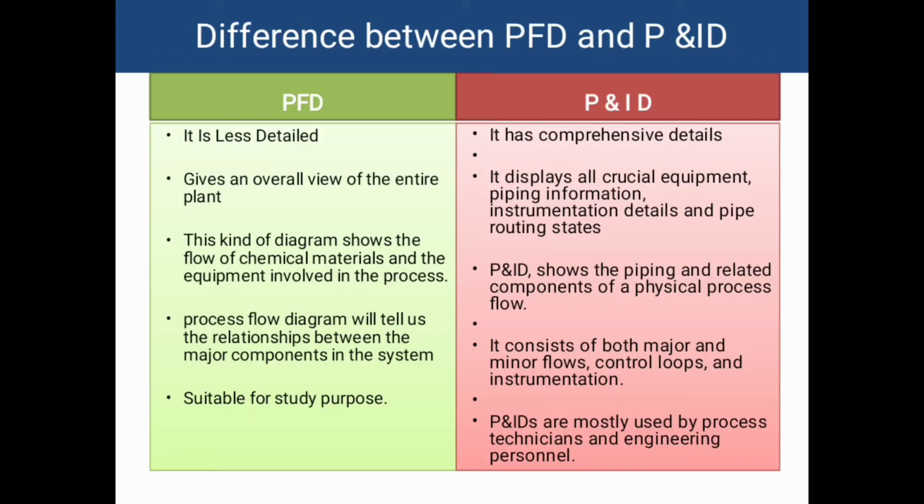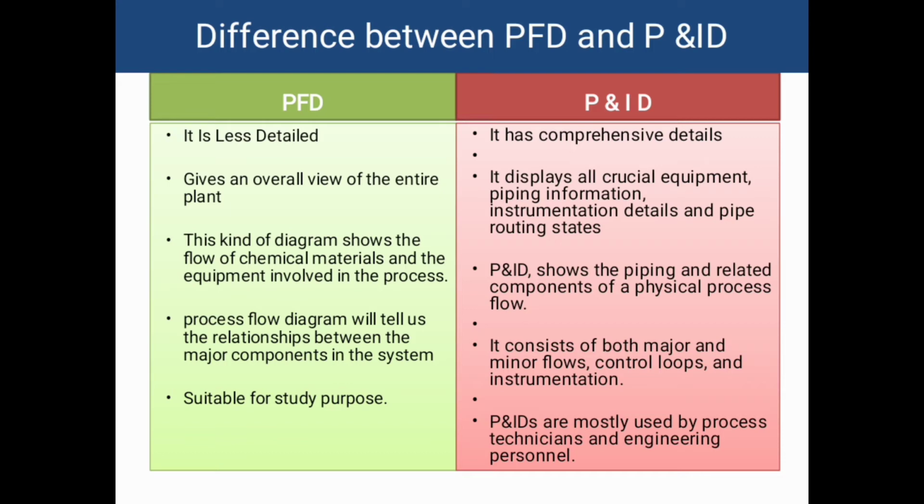Then we can see what is the difference between the process flow diagram and the process instrumentation diagram. In the process flow diagram, very few details are given. In the P and ID, there are comprehensive details. In the PFD, the instrument details and the piping details will not be available.